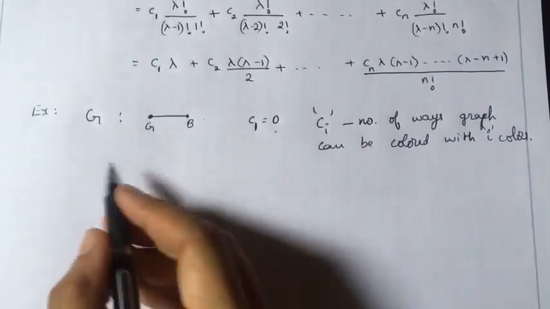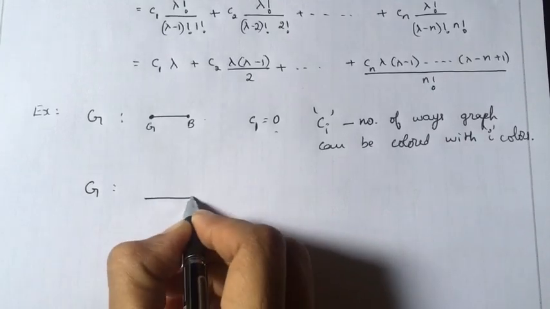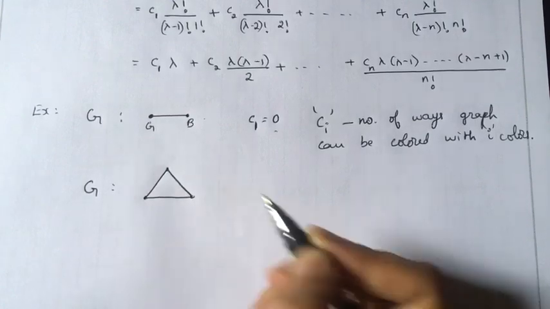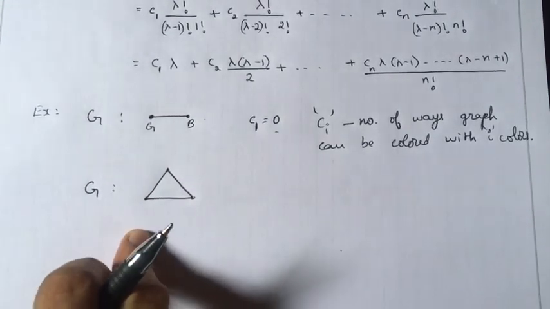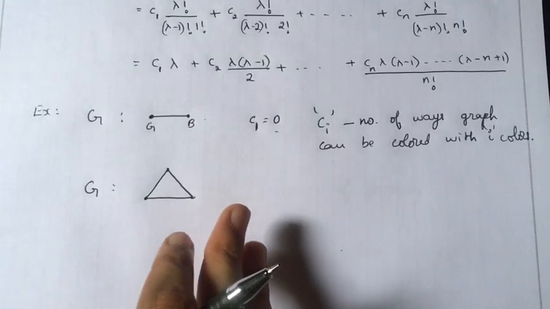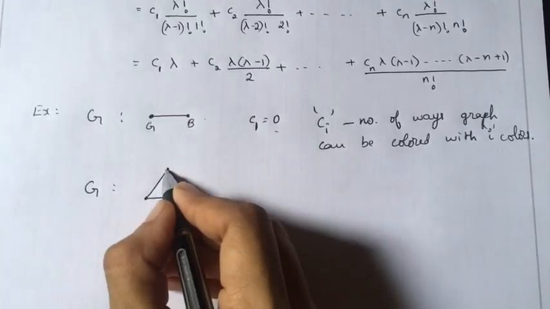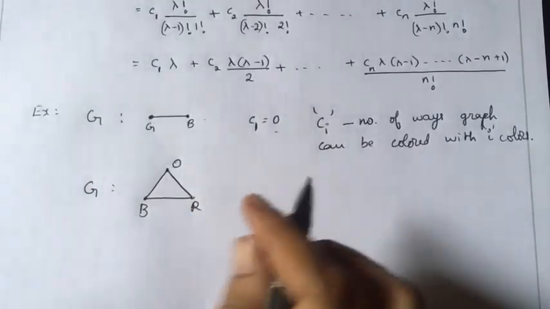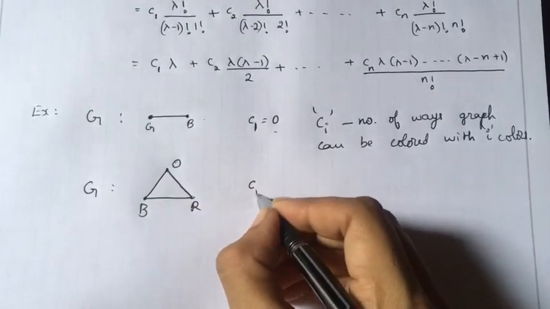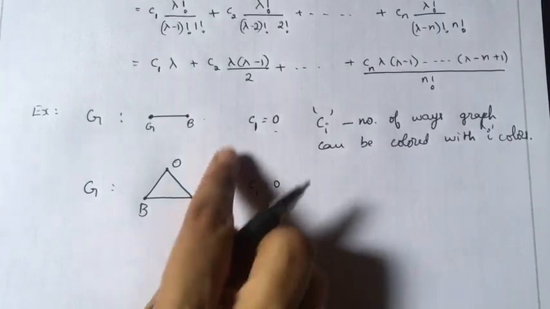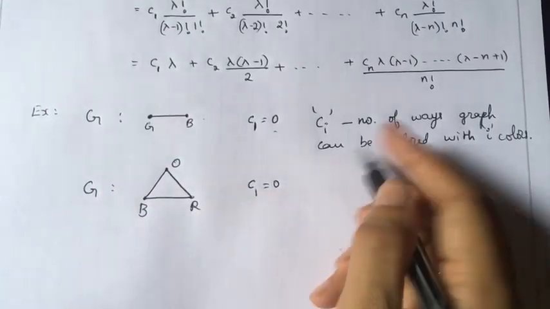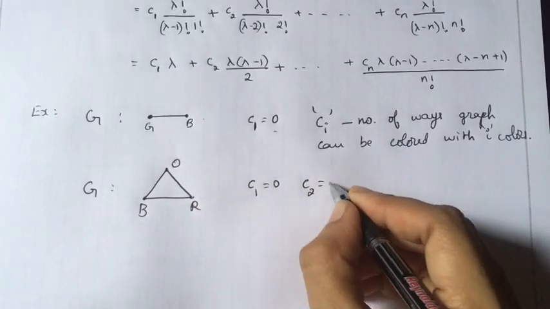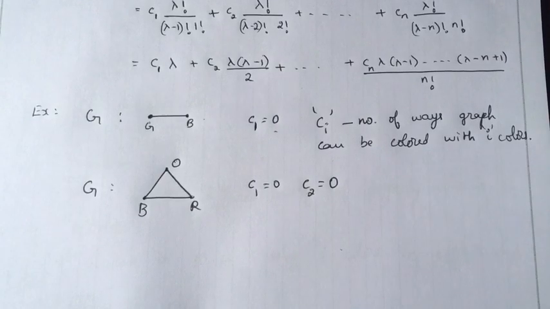Suppose my graph is a triangle, a cycle of 3 edges. Now in this case, I need minimum 3 colors for proper coloring. Here I gave orange, say black, red. Therefore, using one color proper coloring is not possible, so C1 is 0. And even using 2 colors I cannot properly color this graph, so C2 is equal to 0.